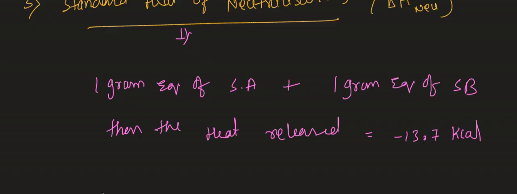If you take other than this combination, you will get some other values. You can also write it as minus 57.1 kilojoules. So, minus 13.7 kilocalories or minus 57.1 kilojoules. Okay, the remaining part we'll discuss in the next class.